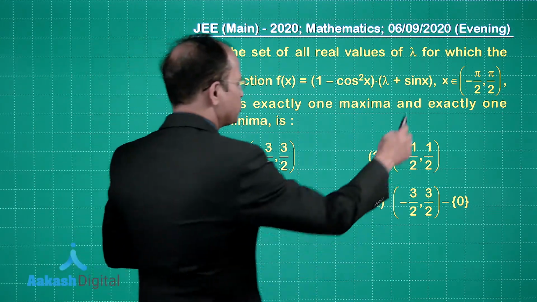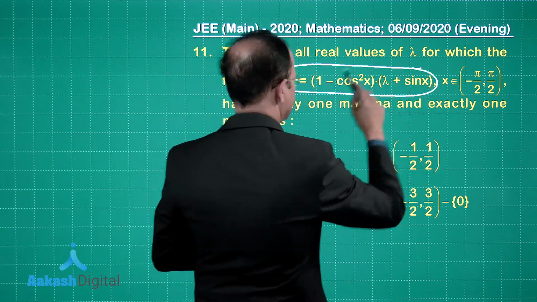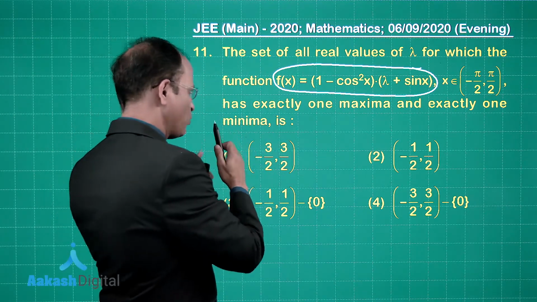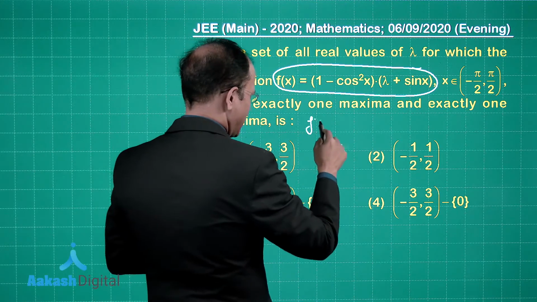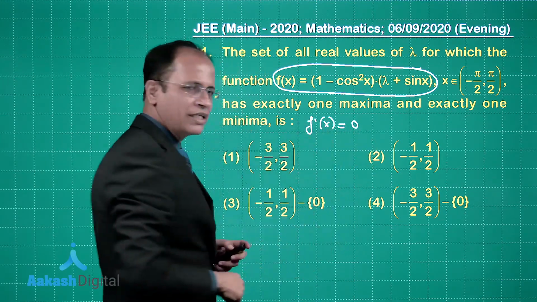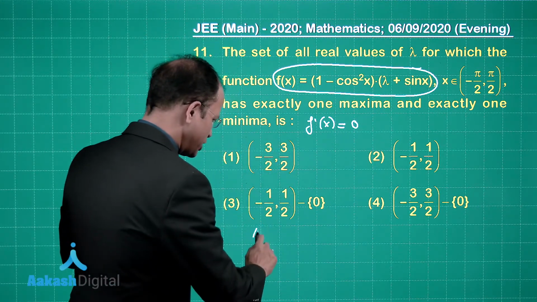Now if I talk about this part, this is the function which has been given to us. It has exactly one maxima and one minima. Because the extreme condition needs to be used, we take f'(x) = 0. So we have to differentiate this.